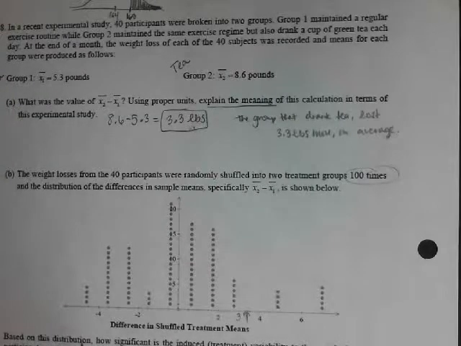So based on this distribution, how significant is the induced treatment variability to the weight loss of the participants compared to natural variability? Explain your thinking. I would say there is only a 9% chance that the weight loss difference was due to coincidence.